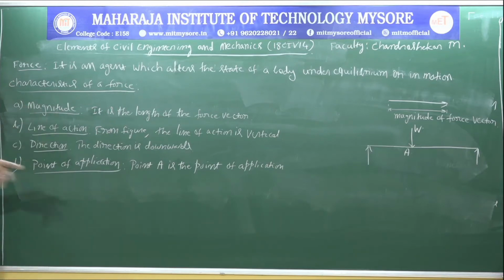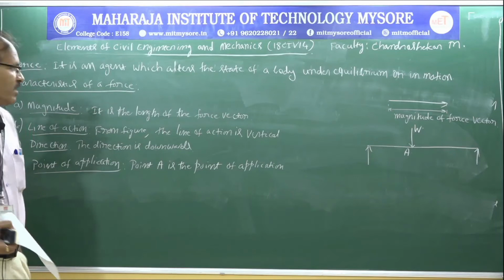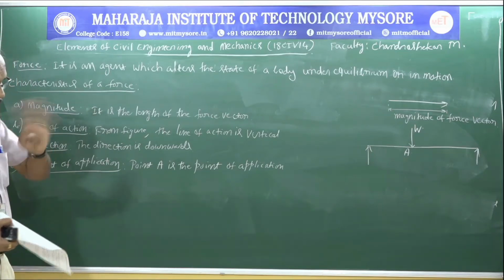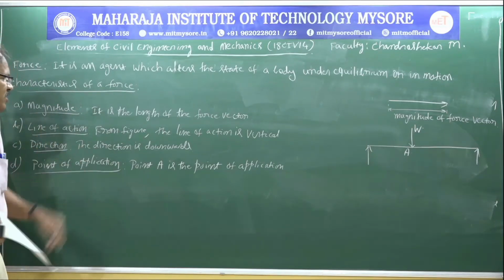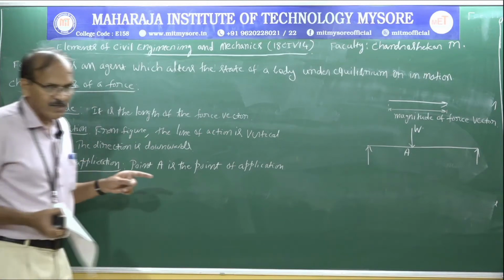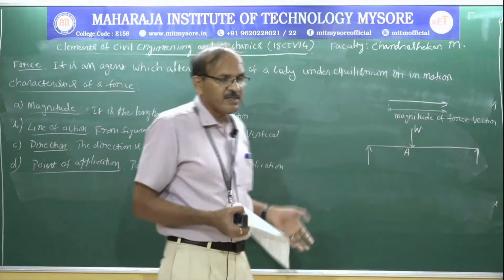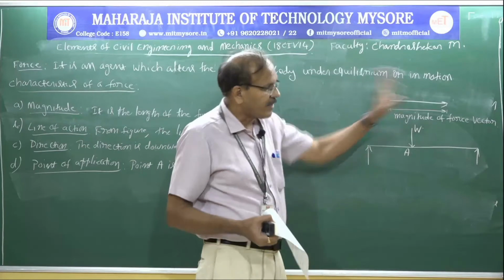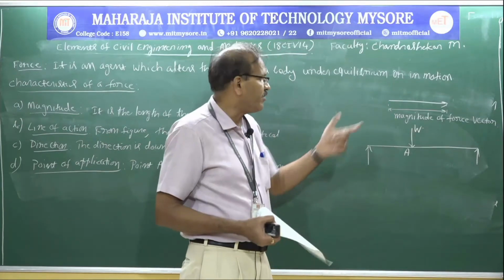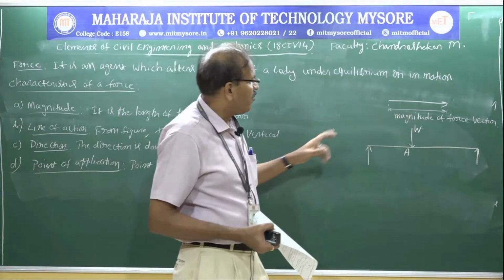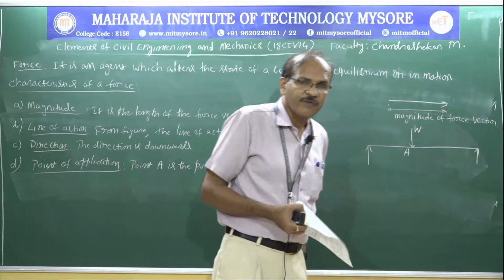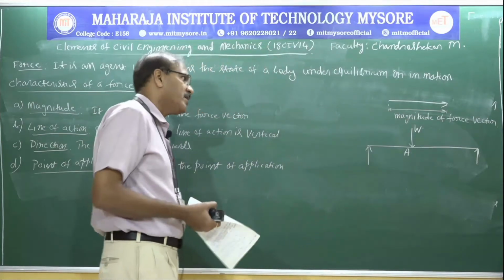Force is an agent which alters the state of rest or motion of a body. Force has 4 characteristics. One is magnitude. Force is a vector, so we write the force to a certain scale depending on the magnitude, and the length of the force vector represents the magnitude.